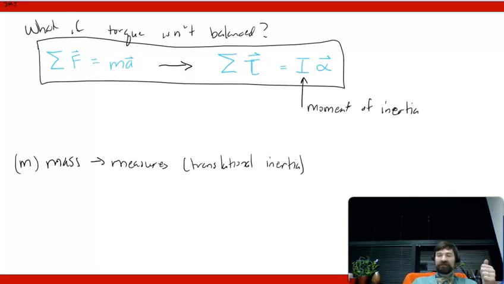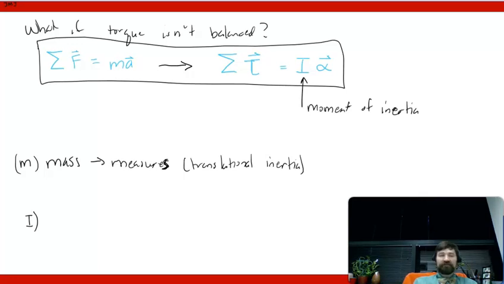So the more mass an object has, the more force you have to apply to the object in order to get it accelerating with a given acceleration. Maybe you say, I want to accelerate some object by 1 meter per second squared. The more massive the object is, the more force you have to apply to achieve that 1 meter per second squared. Okay, that is the inertia of the object from a translational perspective.